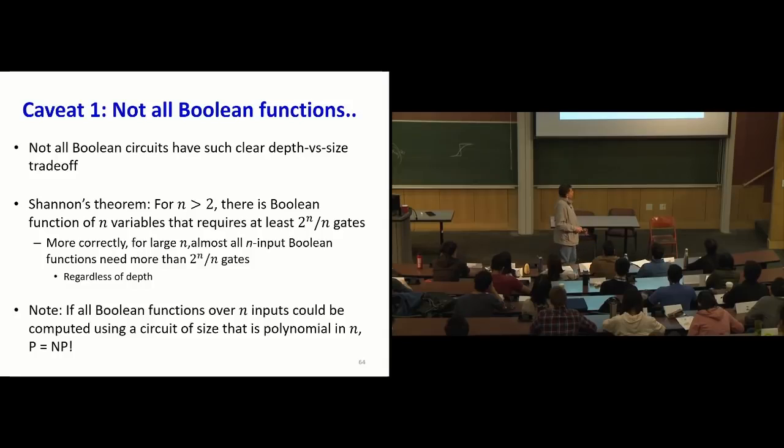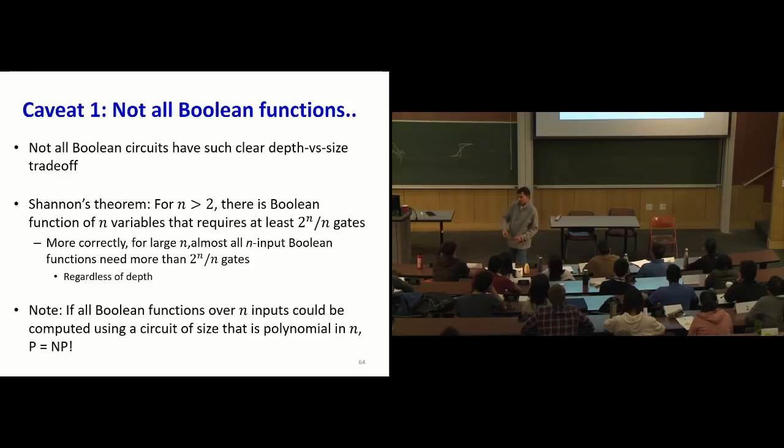The real statement, this is Shannon's theorem, it's very nice. It says that for n greater than 2, there is a Boolean function of n variables that requires at least 2 raised to n over n gates, regardless of the depth. What this really means is that for any reasonably sized n, say 10 dimensions, 20 dimensions, 30 dimensions, the majority of the functions will require an exponentially sized network.